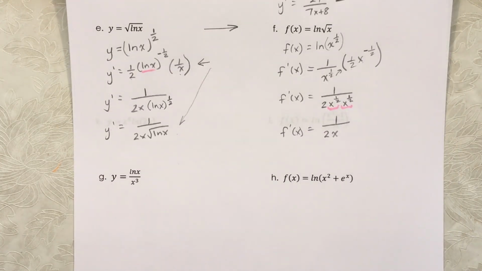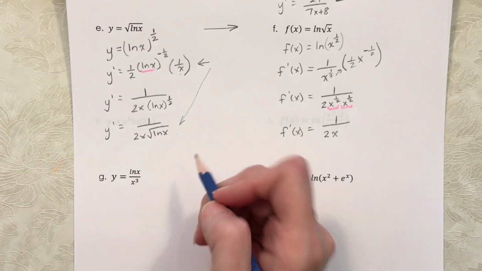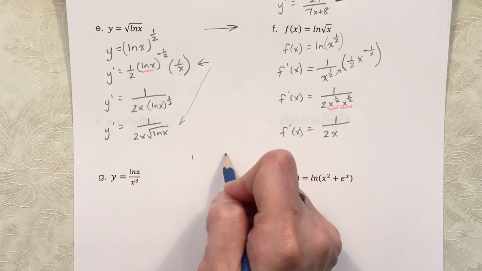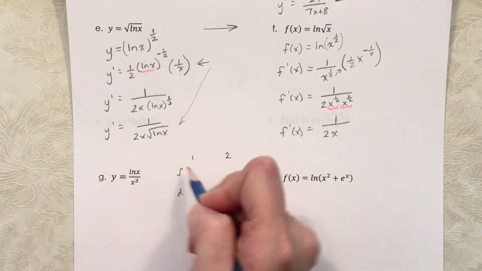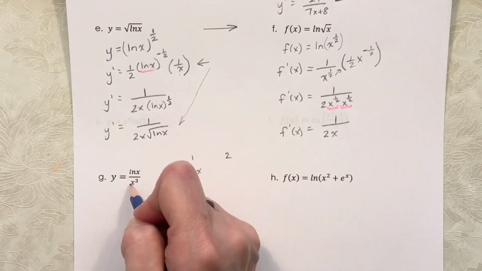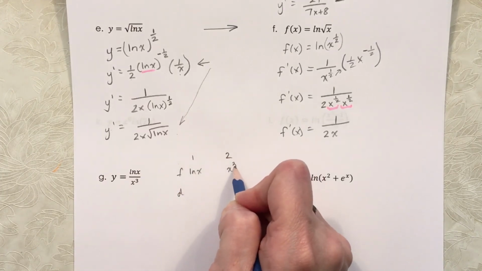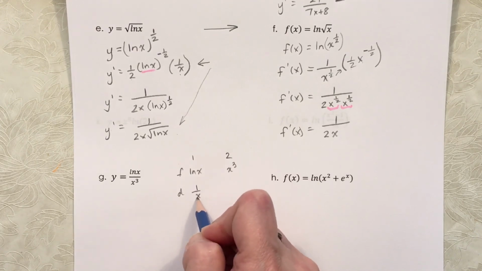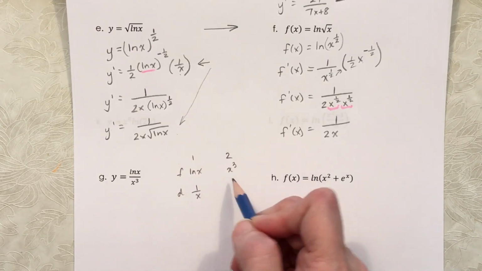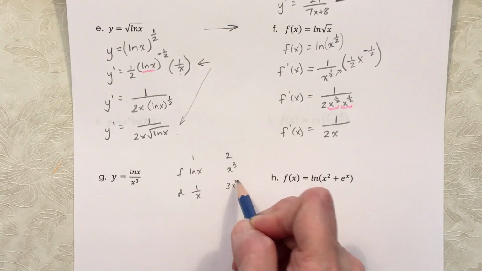G, we have y equals the ln of x divided by x cubed. So this is going to be a quotient rule. So our first function is the ln of x, and our second function is x cubed. And the derivative of ln of x is 1 over x, and the derivative of x cubed is 3x squared.